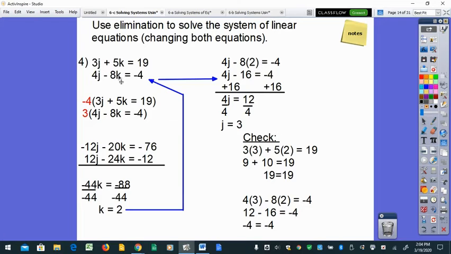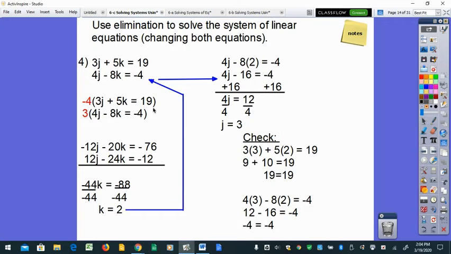So here I chose to take the top equation and multiply by -4. I'm looking to get a -12 right there. To get the number that I need on the bottom, I have to multiply the bottom equation by 3. And when I do that, you'll see where I'm heading. So -4 times 3j is -12j. -4 times 5k is -20k.